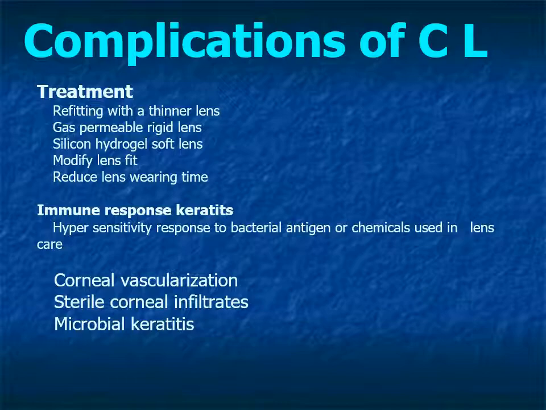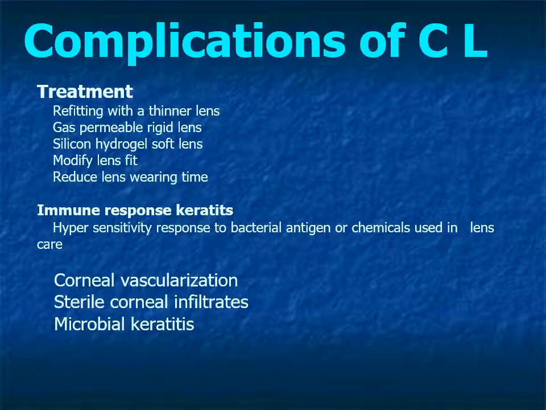The treatment is refitting with a thinner lens, using a gas permeable rigid lens or a silicone hydrogel soft lens, modifying lens fit, and of course, last but not least, reducing lens wearing time.